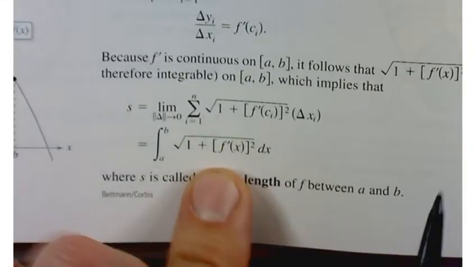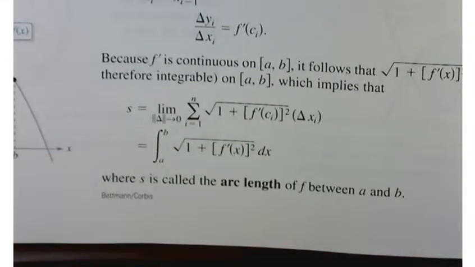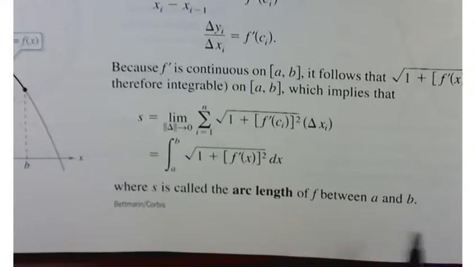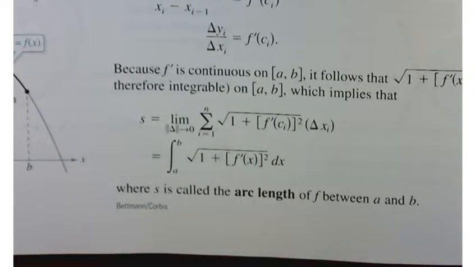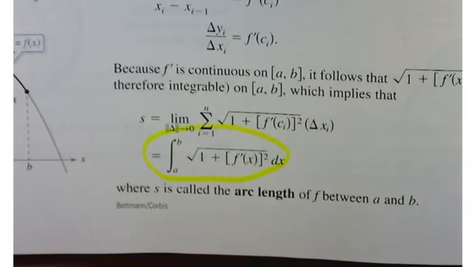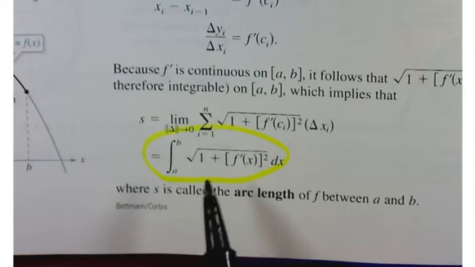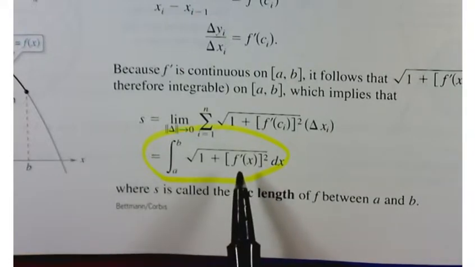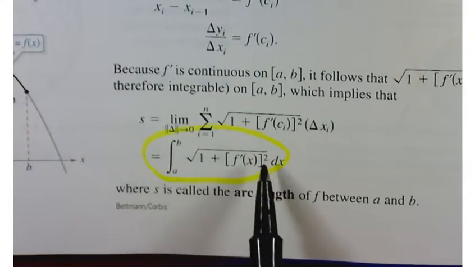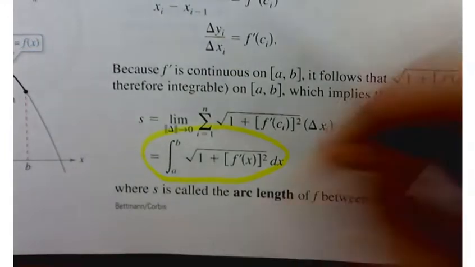So this is going to be our formula for the arc length of a function between two points A and B. This is the one that you should be familiar with and know and use for your exams. It's the integral of the square root of 1 plus the derivative of your function squared, dx, between A and B.